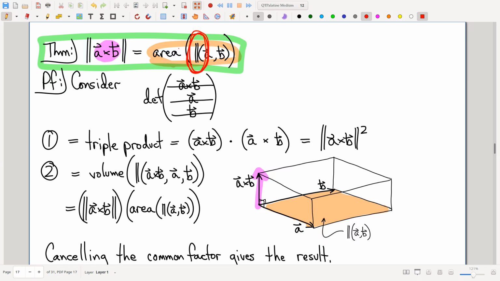And so this means parallelogram defined by these two vectors. And then you'll notice down here I have another parallel, and here I listed three things. That's the parallelepiped defined by those three vectors. So thank you for asking.